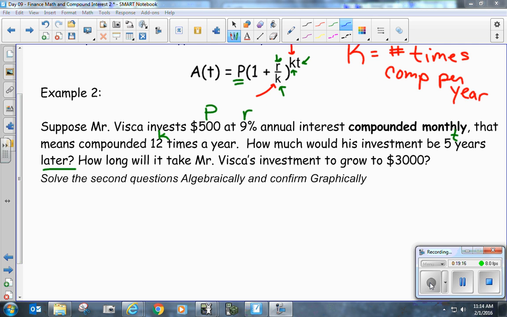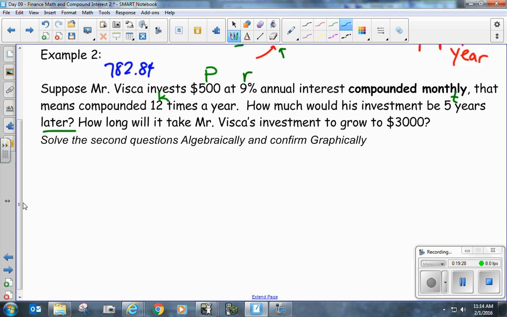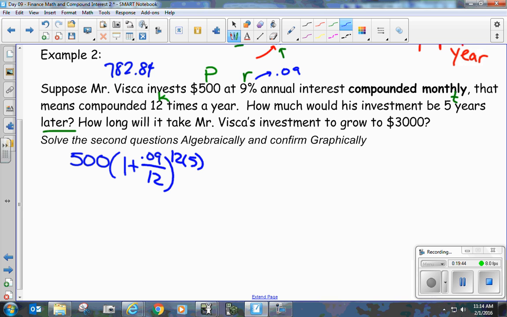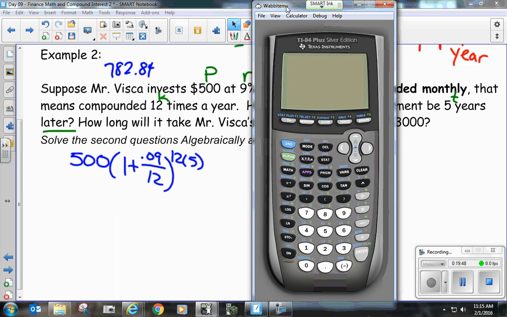Let's go. What do we have? 782.84 is what we're saying for the first one. 500 is our starting amount, times 1 plus our R, which is 0.09. Our rate should be in decimal, let's not forget. Over 12, which is our K value, raised to K times T, 12 times 5.